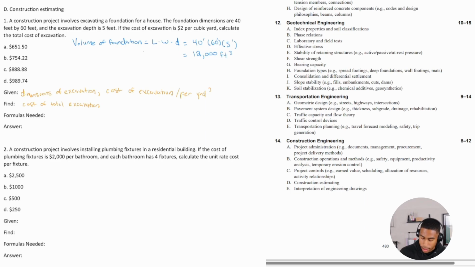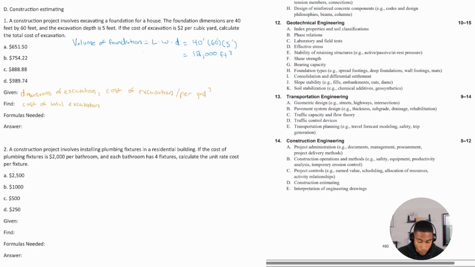All right. So now I have a cost, right? And my cost is $2 per cubic yard. So I need to get this in cubic yards. So what is my conversion for yards to feet? And this is something that you need to know off the top.